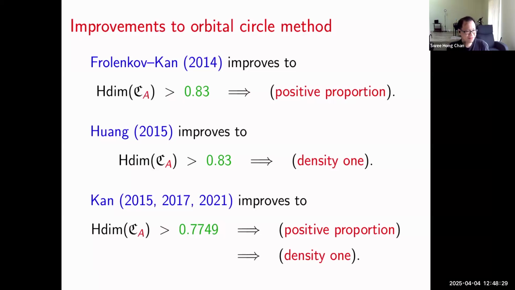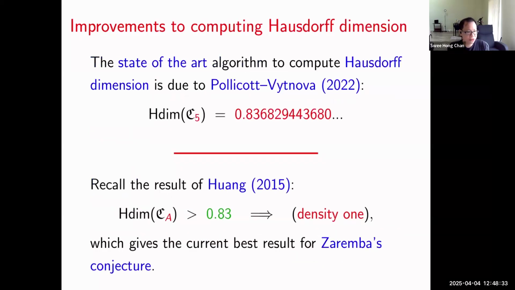And on the Hausdorff dimension side, the current state of the art is due to Pollicott and Vytnova in 2022, where they developed a very efficient algorithm to compute the Hausdorff dimension of any fractals. In particular, by using their method, they can compute the first 100 digits of the dimension for C_5, and they compute it in less than 1 hour.